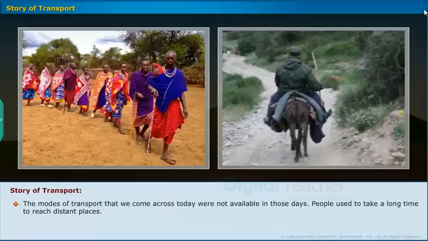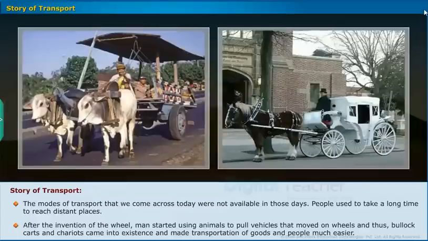People used to take a long time to reach distant places. After the invention of the wheel, man started using animals to pull vehicles that moved on wheels, and thus bullock carts and chariots came into existence and made transportation of goods and people much easier.